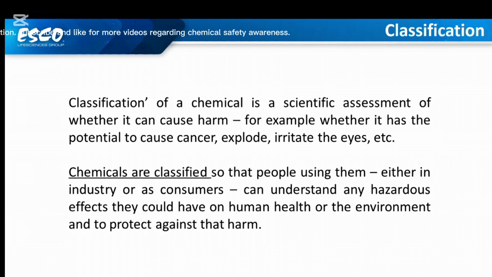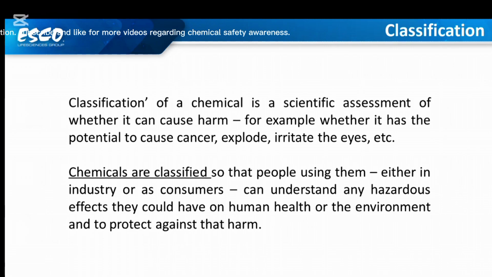So now that we know some of the dangers of these chemicals, how do we go about using them safely? We look at classifying them into their respective hazards to work with them safely. So classification of chemicals is a scientific assessment of whether it can cause harm.